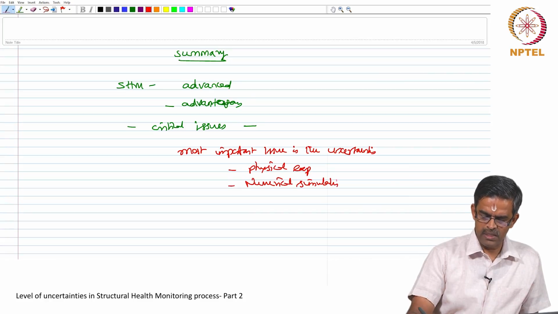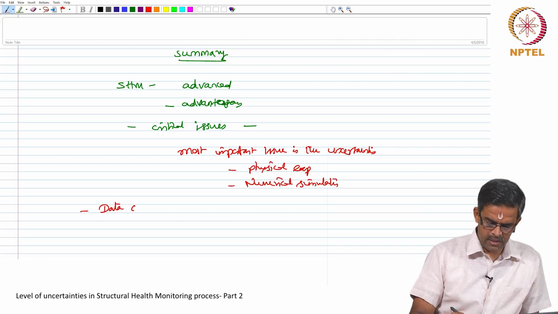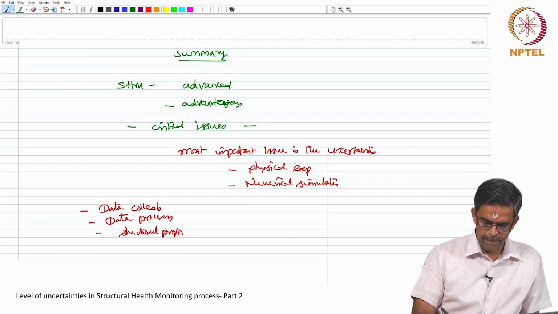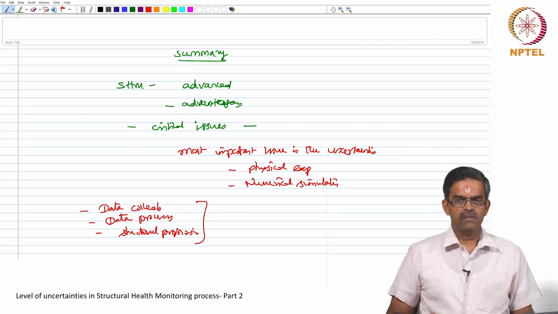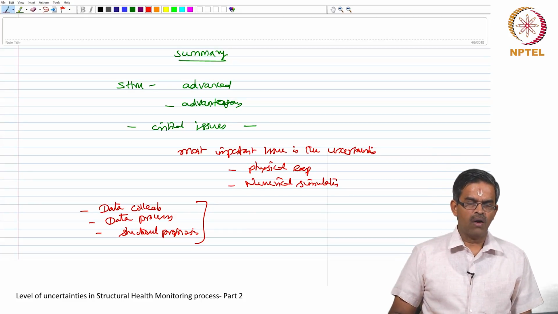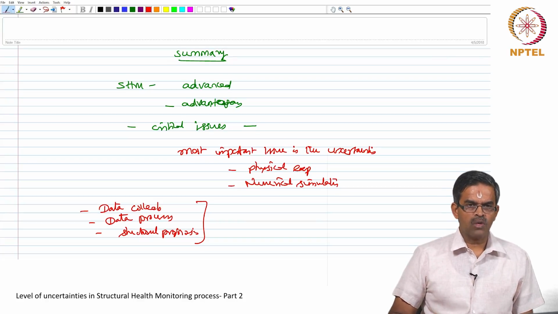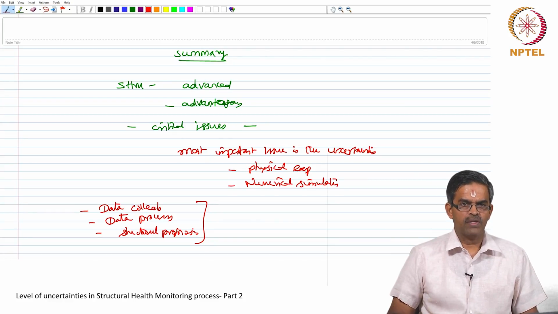It can arise at any stage: at data collection, data management and processing, even during structural prognosis, etc. So, health monitoring though offers a very intelligent way of measuring the in situ condition of the structure, the outcome of this process also has a certain level of disagreement in terms of non-compliance to real time behavior, which we must keep in mind.